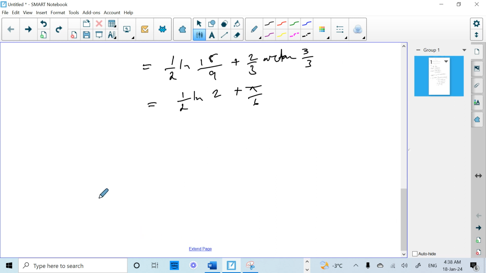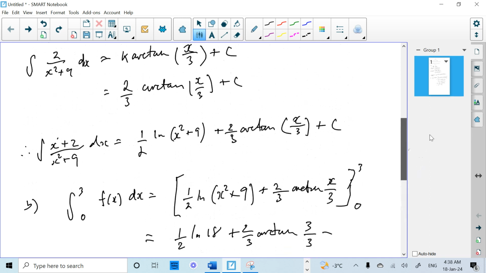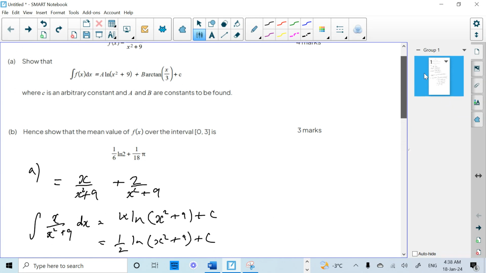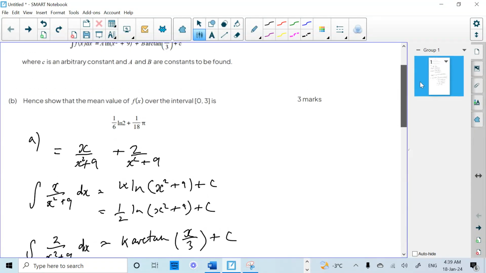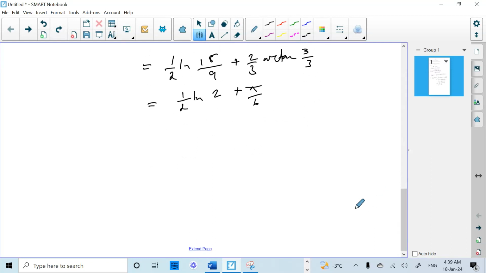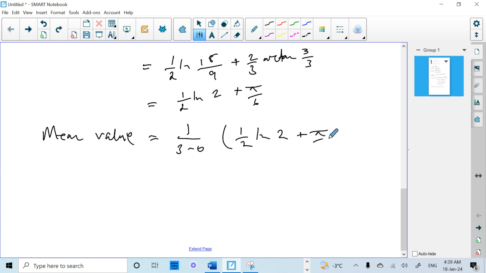Now, the mean value, because it does say in the question, and I'm conscious of time, the mean value of the function of x over the interval 0 and 3 is that, so I've got to show that using the mean value, which is equal to, and I've got to substitute in the correct form of the mean value, so that's 1 over 3 minus 0 times what you have, which is a half log 2 plus pi over 6.